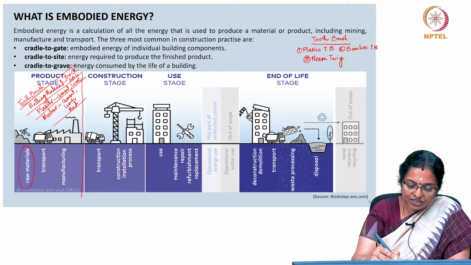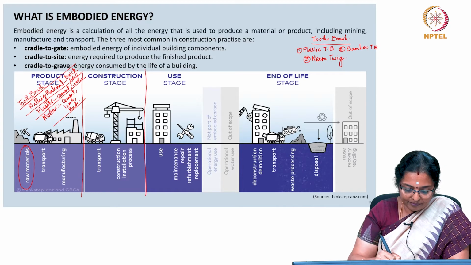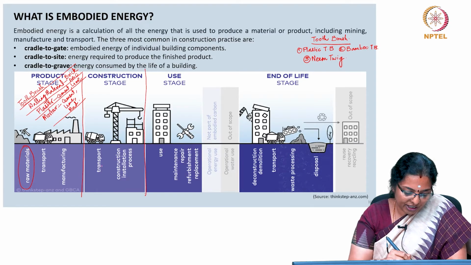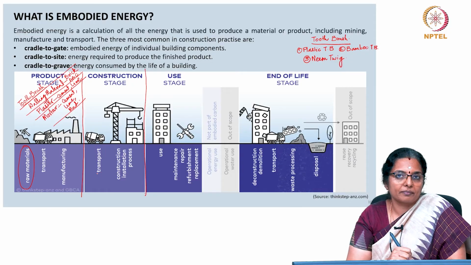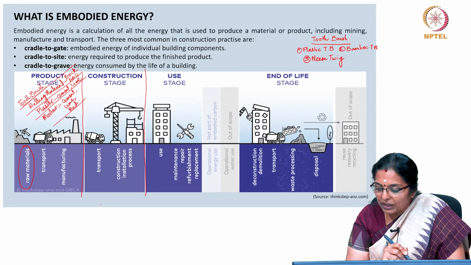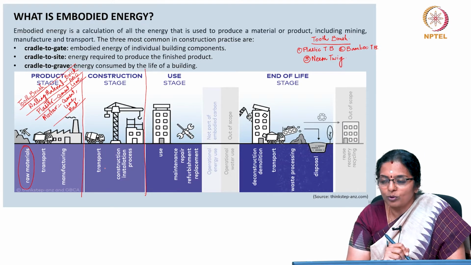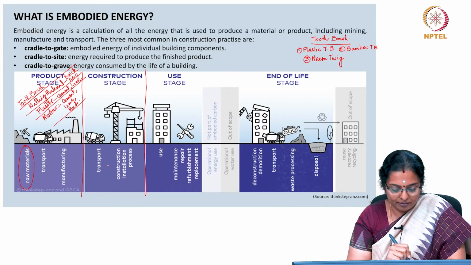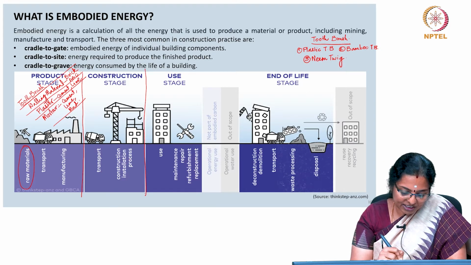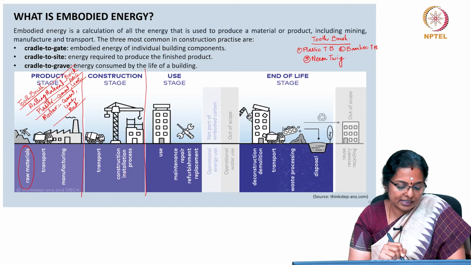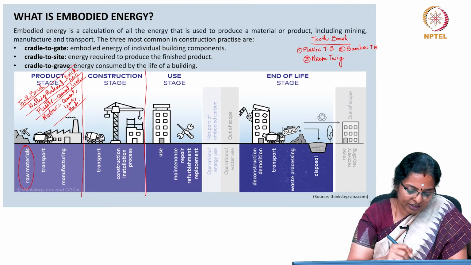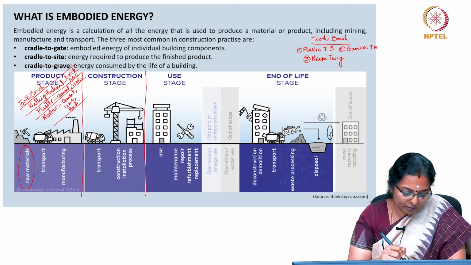Let us move to the construction stage. What is the energy required to transport, say, a plastic toothbrush or a bamboo toothbrush or a neem twig? What is the construction installation process? Similarly, try to have the analogy for the other building material.